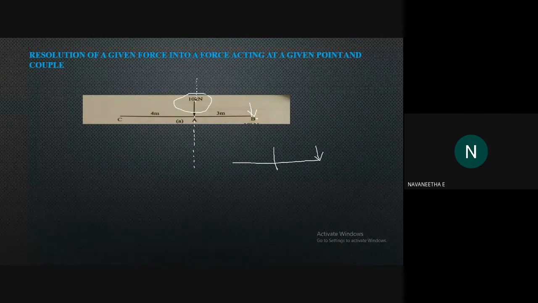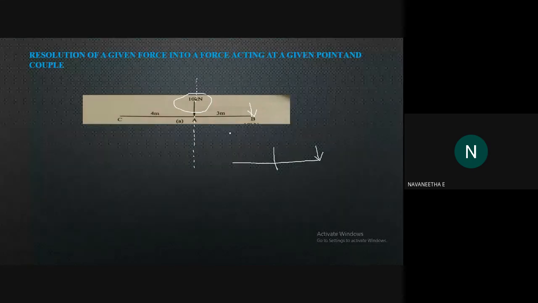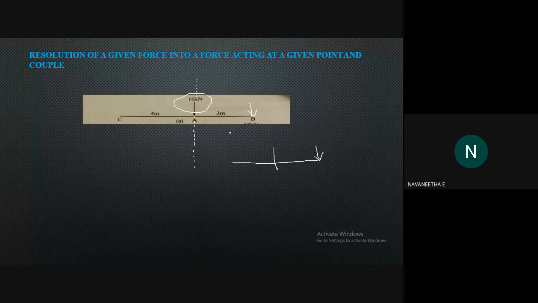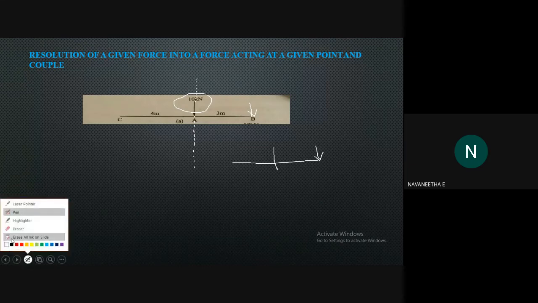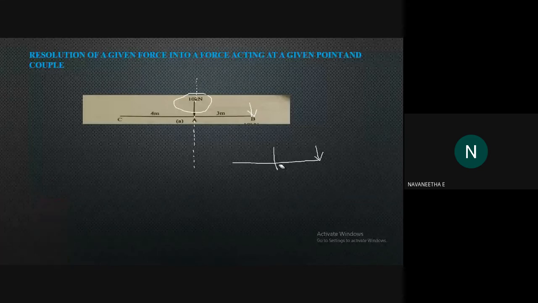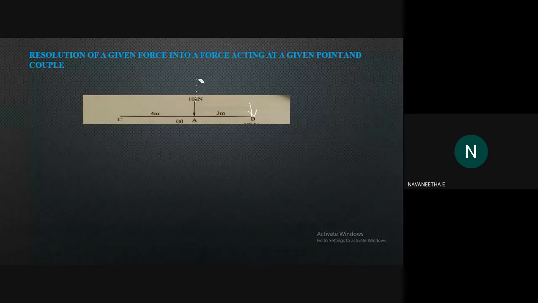If we have to move the forces from one point to another, we have to consider the entire system. The entire system should be in equilibrium, that is, it should possess the same value as the original. What is the resultant force here?